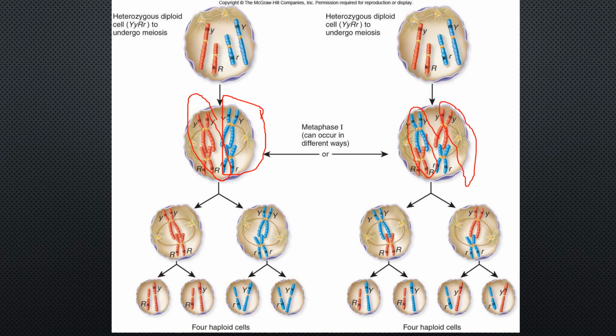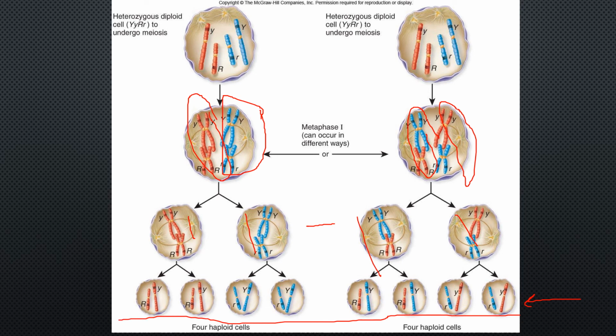Okay, and then during metaphase 2, which would be down here, the daughter cell has only 1 member of each of the homologous pairs. So we either have red-red, blue-blue, blue-red, or red-blue. So that means at the very end of meiosis, these are all the combinations that were possible.